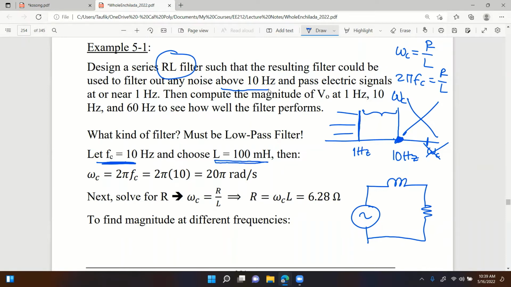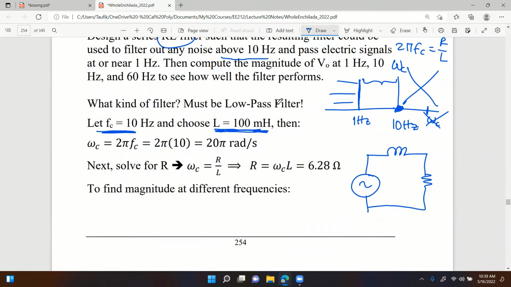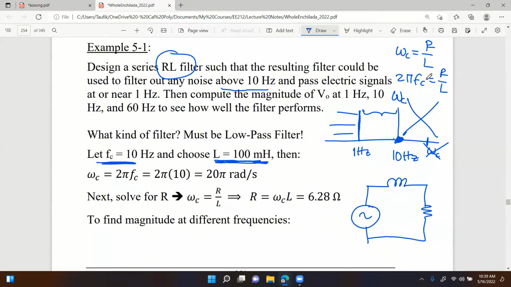In the previous section, somebody asked, why do I pick L first, not R first? This is a very practical question, and I'm glad that he asked that question earlier. Again, this is related to the practicality of choosing L first rather than R first.